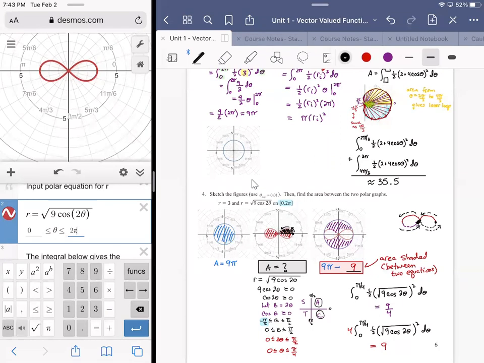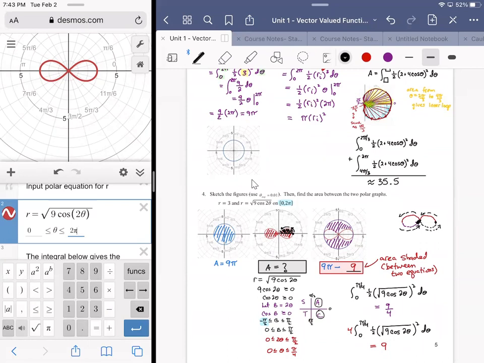And so the best idea is to use symmetry, and the fact that you're going to have a discernible area for both parts over the interval of 0 to pi over 4. You can subtract those two areas and then multiply the result by 4.